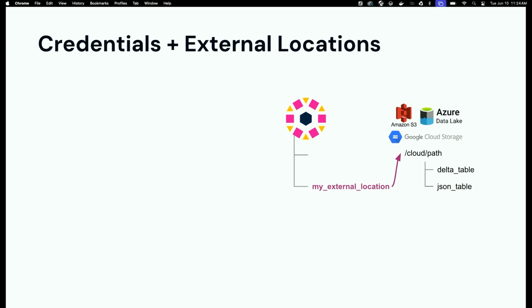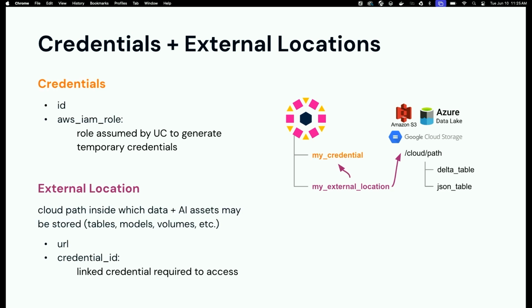So as an administrator, I will configure this as an external location and a credential. The external location points to the path of that S3 bucket where all the tables will reside. The credential is things like an IAM role, etc., that UC can assume to generate credentials for reading and writing within that bucket. So UC has the full knowledge of this.